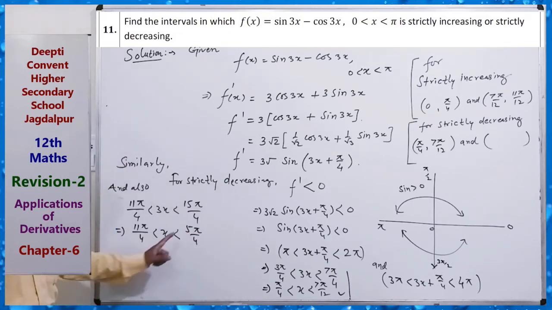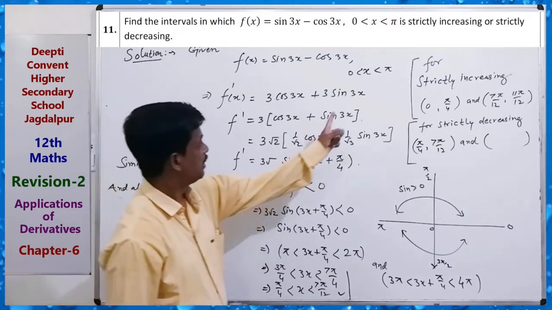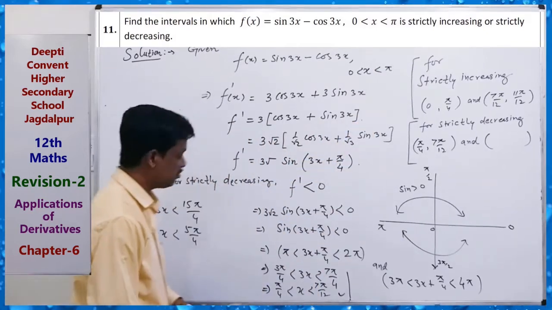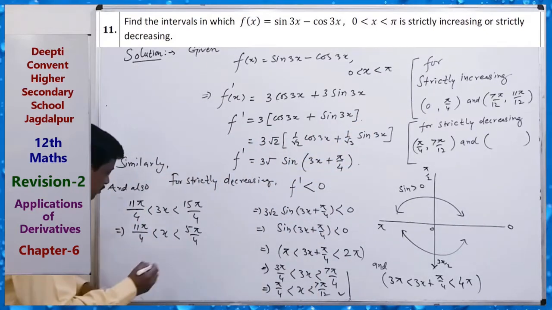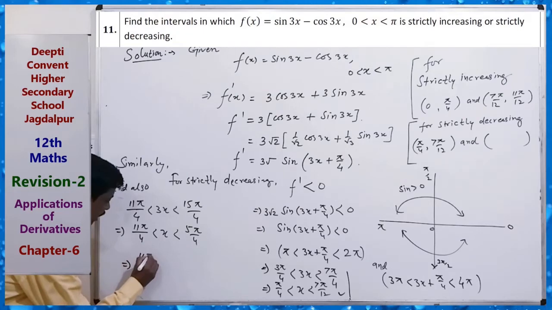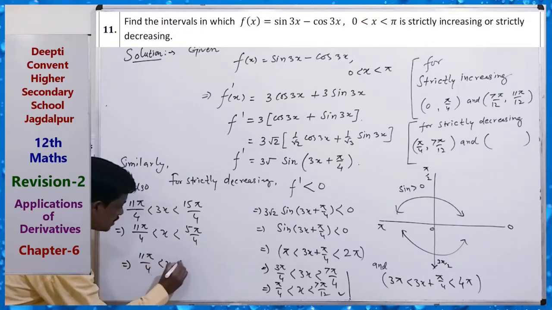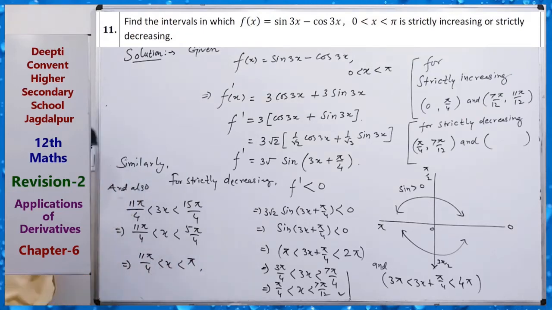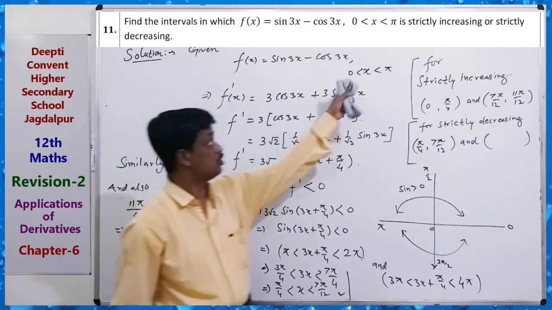Here 5 pi by 4 is greater than pi, so we will take up to only pi, for the interval 0 to pi.